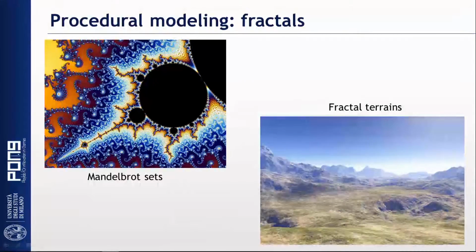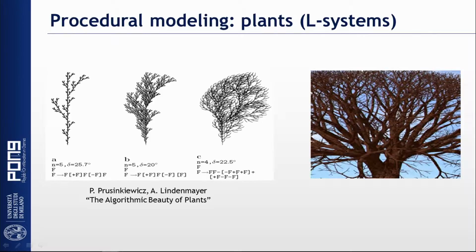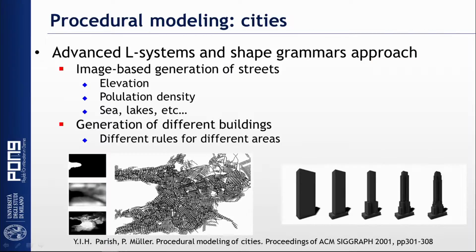For example, very common examples: fractals, used to create some images or fractal terrains. L-systems, in which using some parameters and a set of rules, you can create complex shapes like trees. And more recently, in more complex systems, the procedural creation of cities.